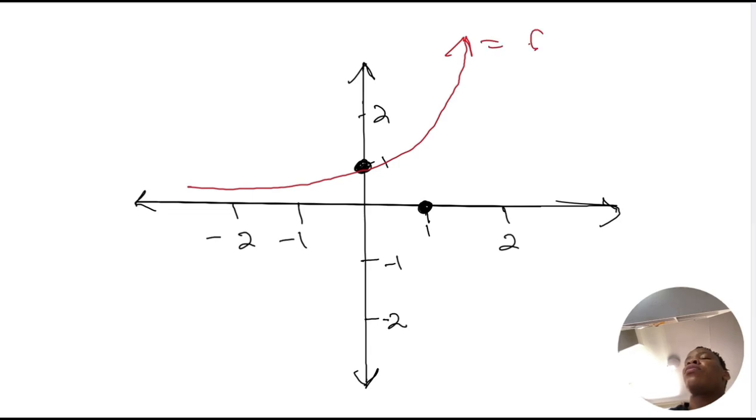This will be f of x is equal to 3 to the power x. Now remember, when you are drawing the graph of an inverse, like when you try to put an inverse on top of the original function, they must look the same. So that means it must be the reflection of the other graph. We will have something like this.